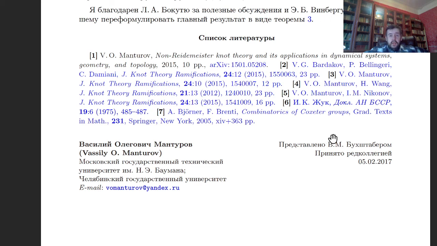He worked in Belarus, and he published a paper in the Academy of Sciences of the Belarus Republic, and he gave a generalization of the Coxeter group where generators squared are not necessarily equal to 1. So when we don't have necessarily involutions.